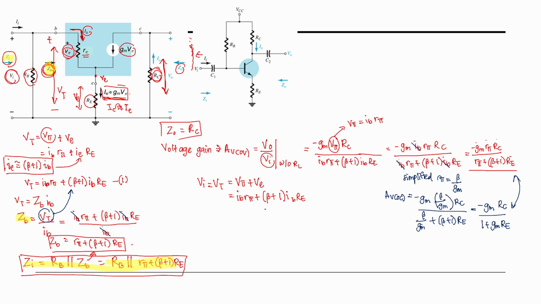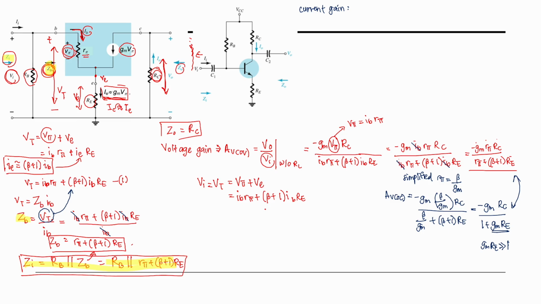Next we need to find the current gain. But before we go to current gain, let's say the value of GM RE is too large, larger than 1, very, very large.